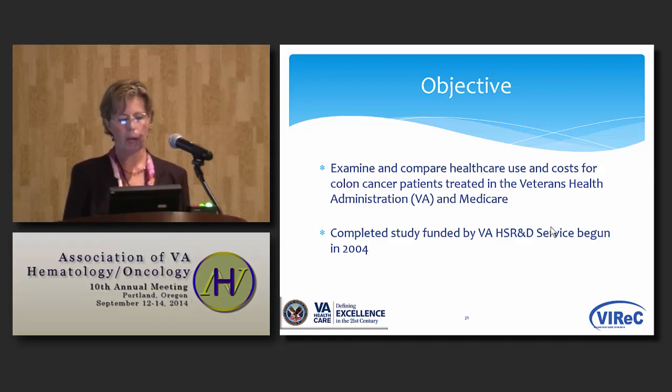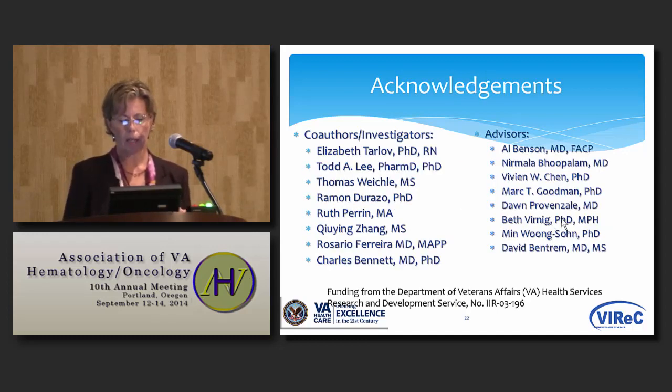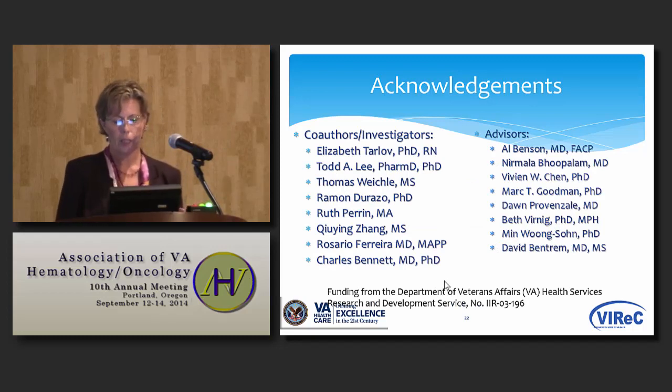I'm going to talk a bit about some aspects that we used to look at healthcare use and healthcare cost in cancer treatment in both VA and Medicare. Many people were involved in this project over many years, and we're continuing to publish.